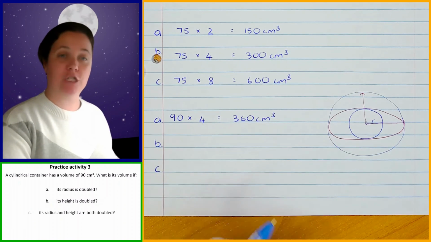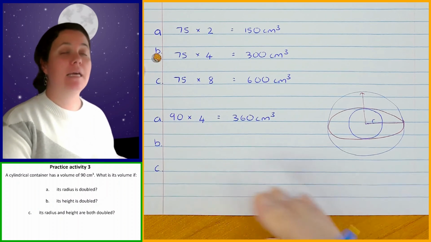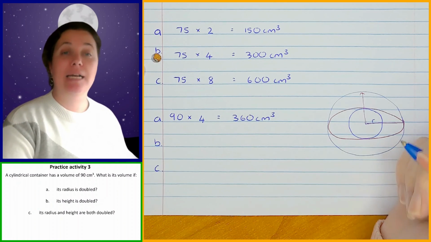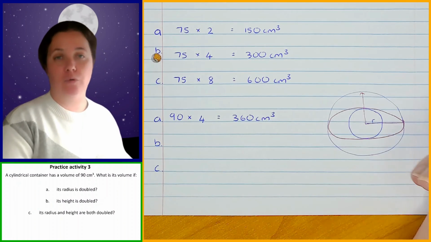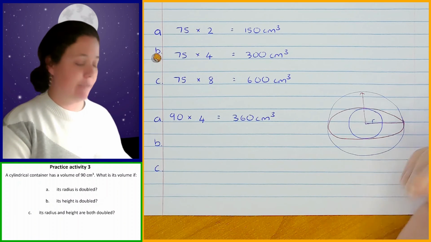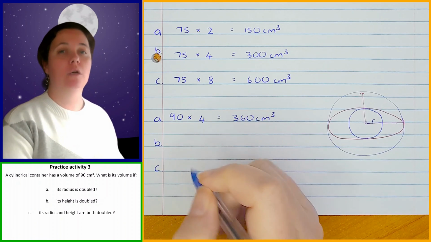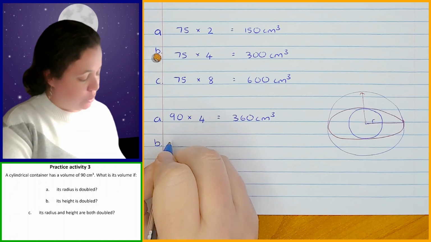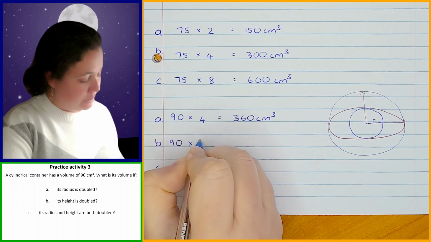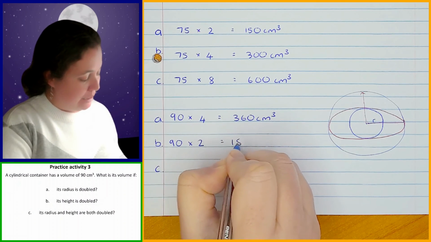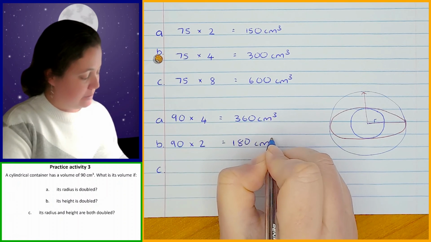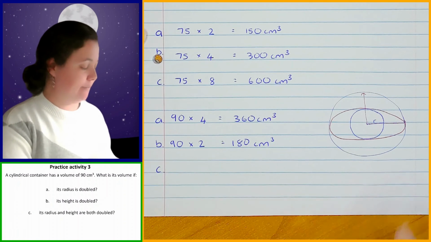So that's what we should get for question A. Right, then what is the volume going to be if the height is doubled? Now the height is just 1 dimension, so I'm going to be multiplying by 2 once. So I've got 90 times 2, and that gives me 180 centimeters cubed for question B.